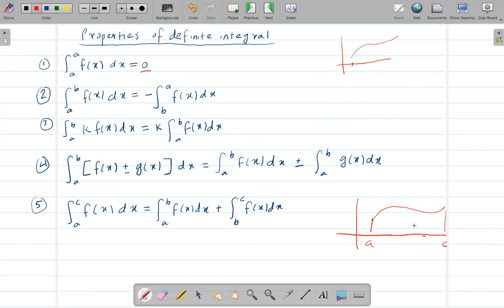So this means if b is in between these two limits, b can be anywhere, let's say b is somewhere down here, then this is the same as the integration of f of x dx from a to b plus the integration of f of x dx from b to c, right? Simple idea, right?